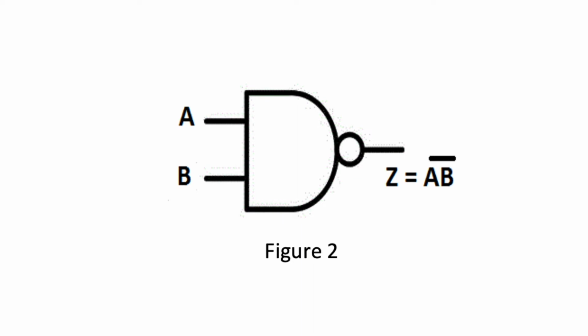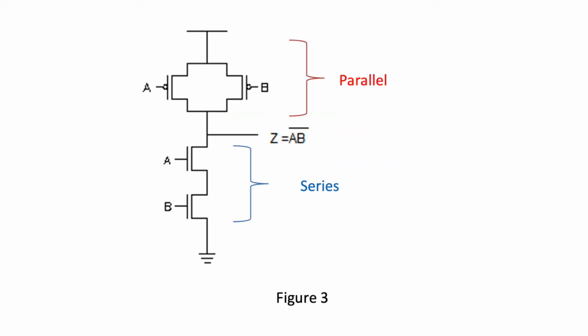The equation for a 2-input NAND gate is Z equals (A dot B) bar. Based on this equation, the pull-up network is in parallel, while the pull-down network is in series, which we have learned previously.